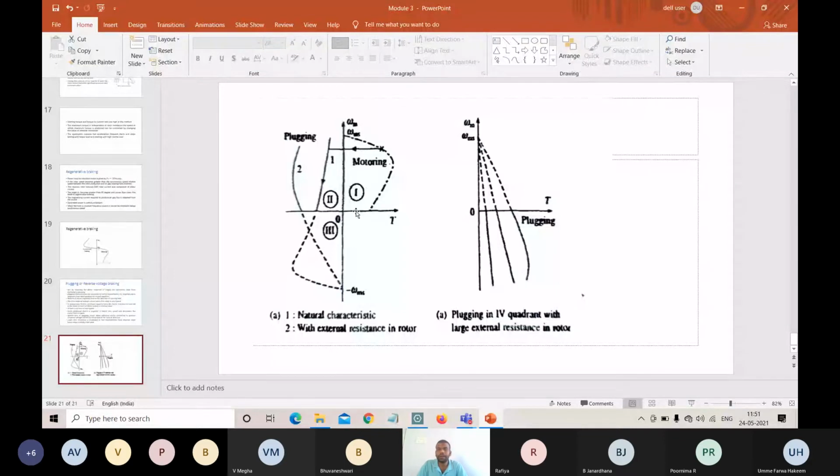While it is rotating at some speed, we should not suddenly interchange the phase supply. That's why we have to brake at 0 speed, which is nearer to 0 speed. Nearer to 0 speed, at 0 speed, we have to apply the braking actions.